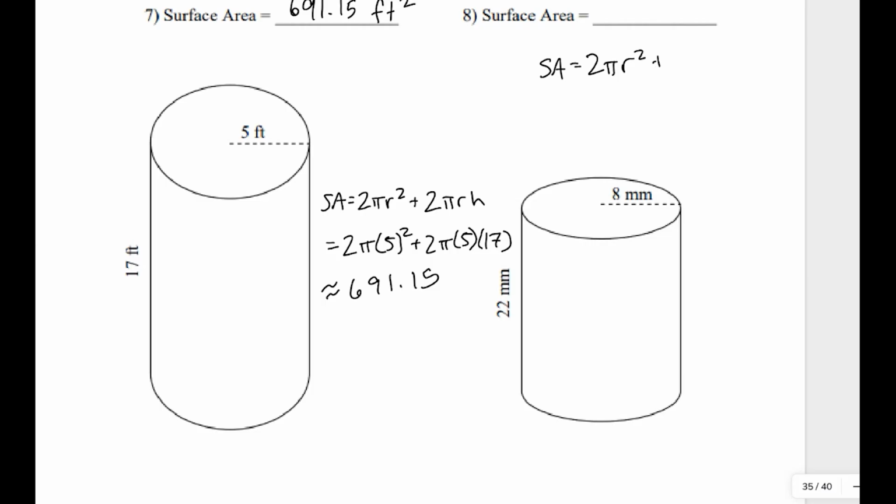And here we go. We're just setting up the formula, making sure that we plug in everything into the right place. So we got 8 going into the r and 22 going into h. I'm going to plug all that into the calculator. And yeah, who knows what that's going to be? Let's find out.